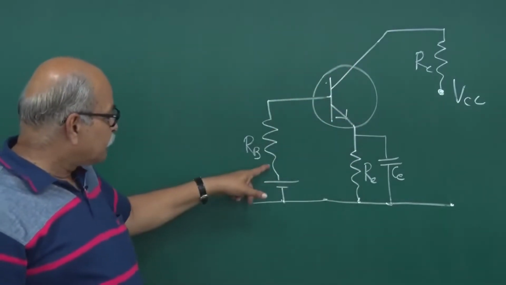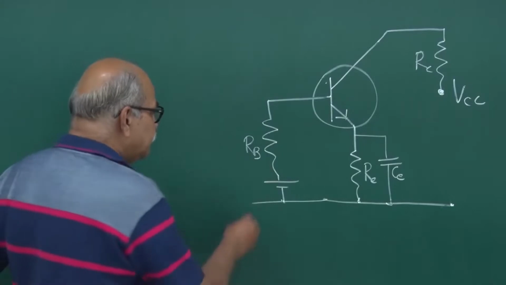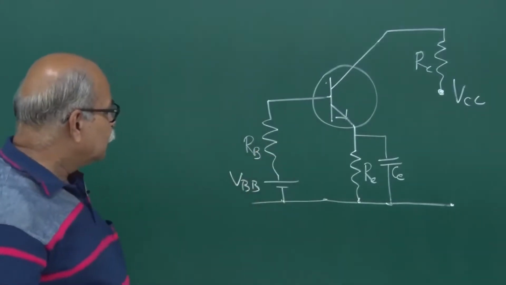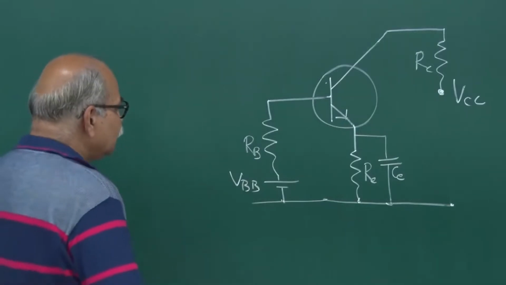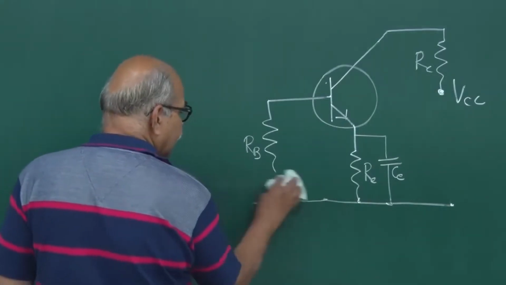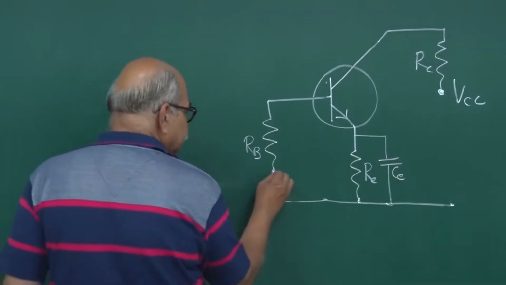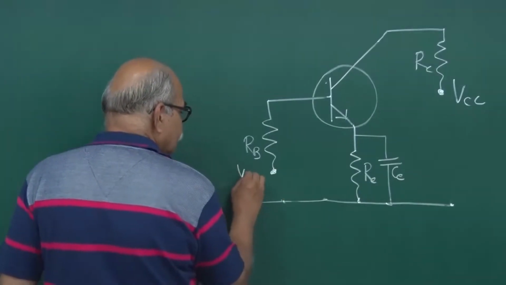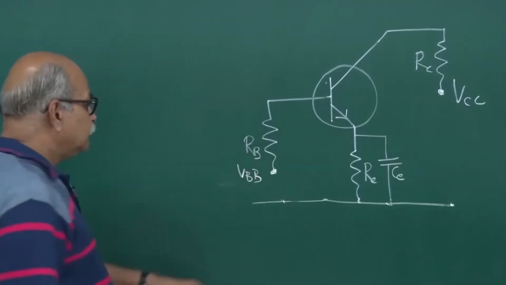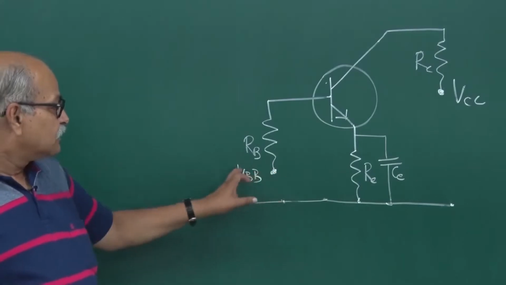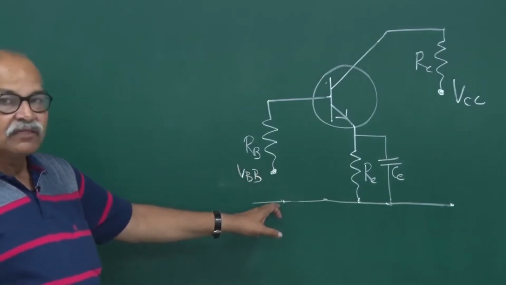This is how you can do many things. For example, this RB here, this is VBB base. So instead of writing in this fashion, you can just remove it, and you can just write that this is VBB. So that means we know that there is some battery connected here and is maintained at this potential with respect to this ground.